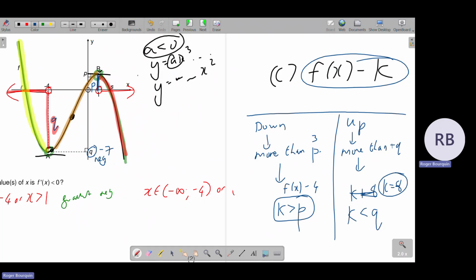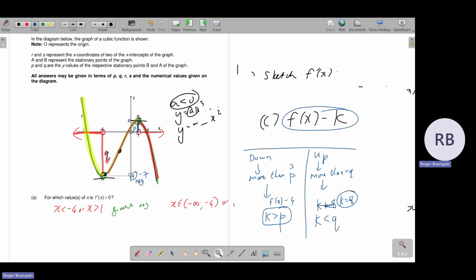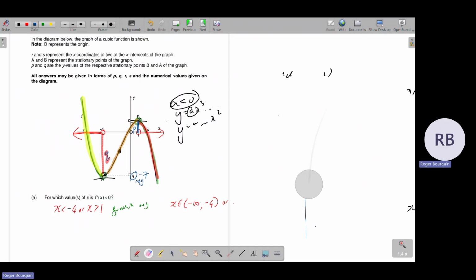Oh, wait, concave down. Are you sure? But we notice the x is common by 1. Because we said that is the middle. So the x has to be less than... this is more than... negative.